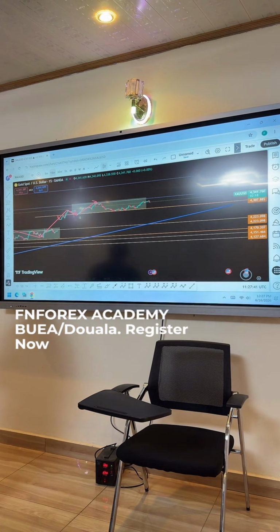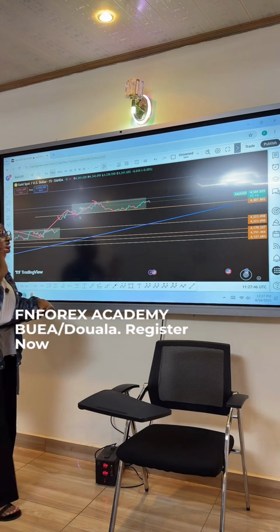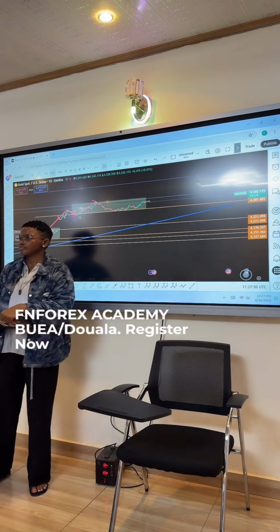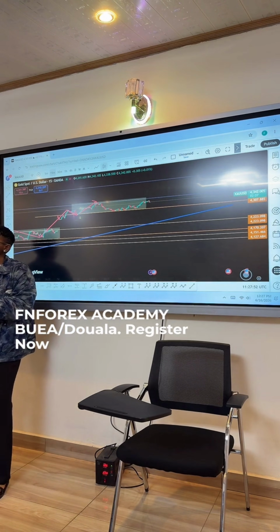What is the difference between a breakout and a retest? For a breakout, the one hour candle must close beyond the trend line.